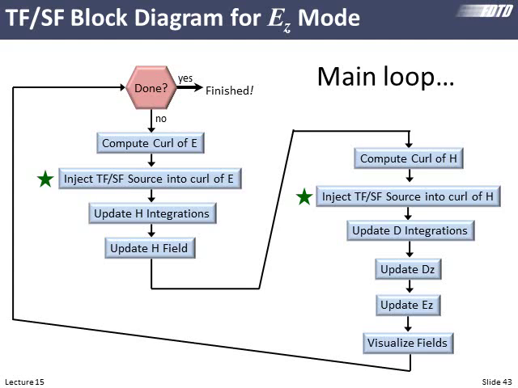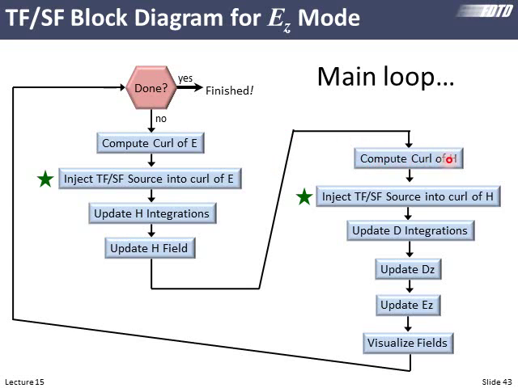So how do we modify our block diagram? It's the same block diagram here, except after we calculate the curl of E, we will loop across the grid in the x direction and put in those terms that do our total field scattered field source, the correction terms. Then we update the H integrations and update the H field.